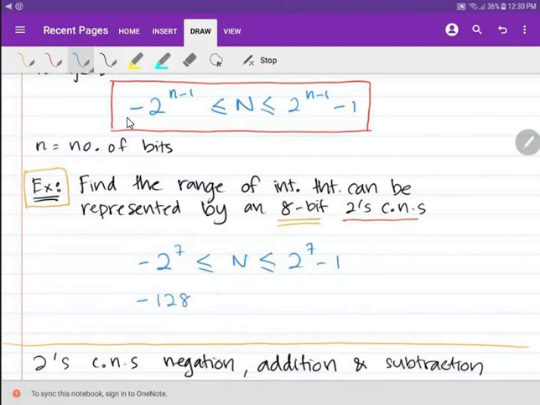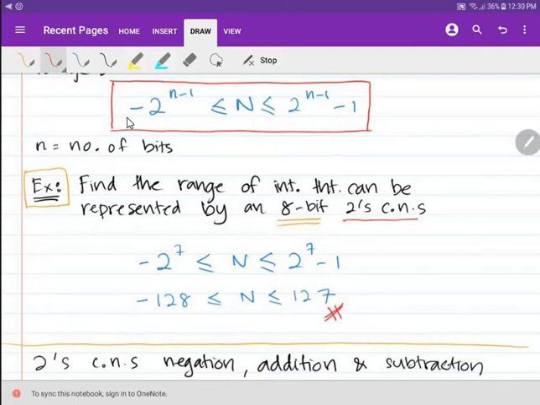So what is negative 2 to the power of 7? Negative 128. The range is negative 128 to positive 127. This is your answer. So what it means is that with an 8-bit number, you can only represent a value from negative 128 until positive 127.